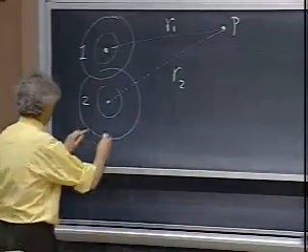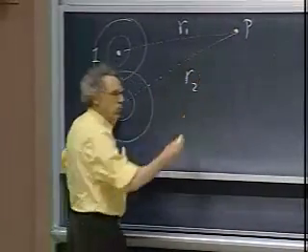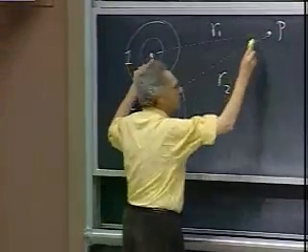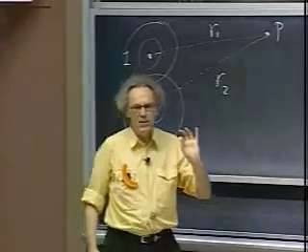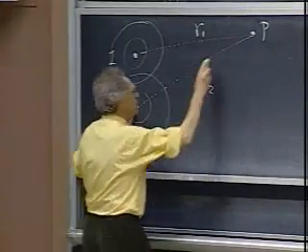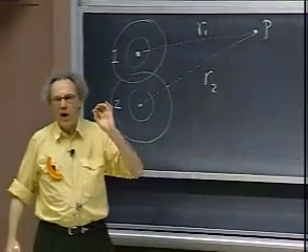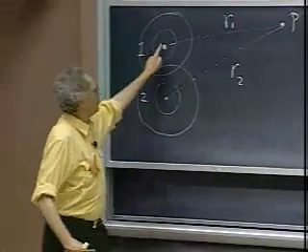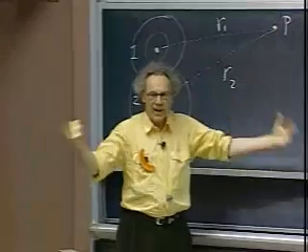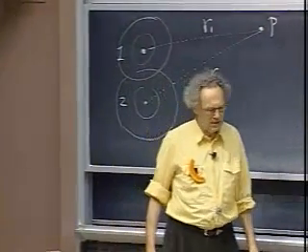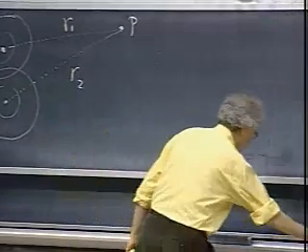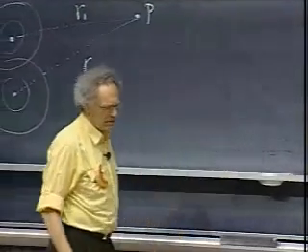Imagine that the path from here to here is 1/2 of a wavelength longer than the path from here to here. That means that this wave will have traveled half a period of an oscillation longer than this one. And that means they are exactly 180 degrees out of phase, and so the two can kill each other. And we call that destructive interference.